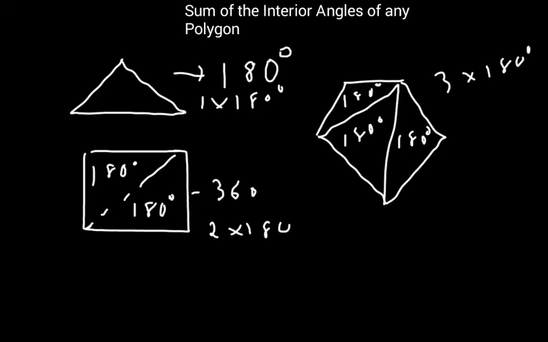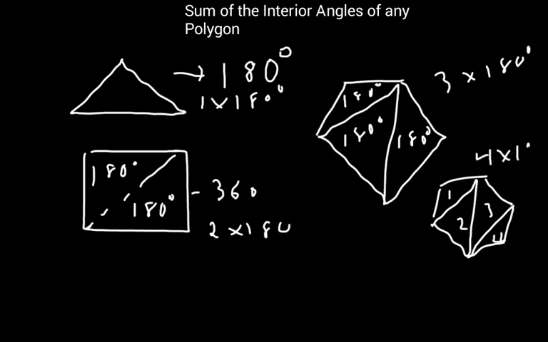And if I have a 6-sided figure, the hexagon, I've got 4 triangles. So the sum of the interior angles here would be 4 times 180 degrees. So you can simply construct diagonals and see how many triangles you can make within a given shape.